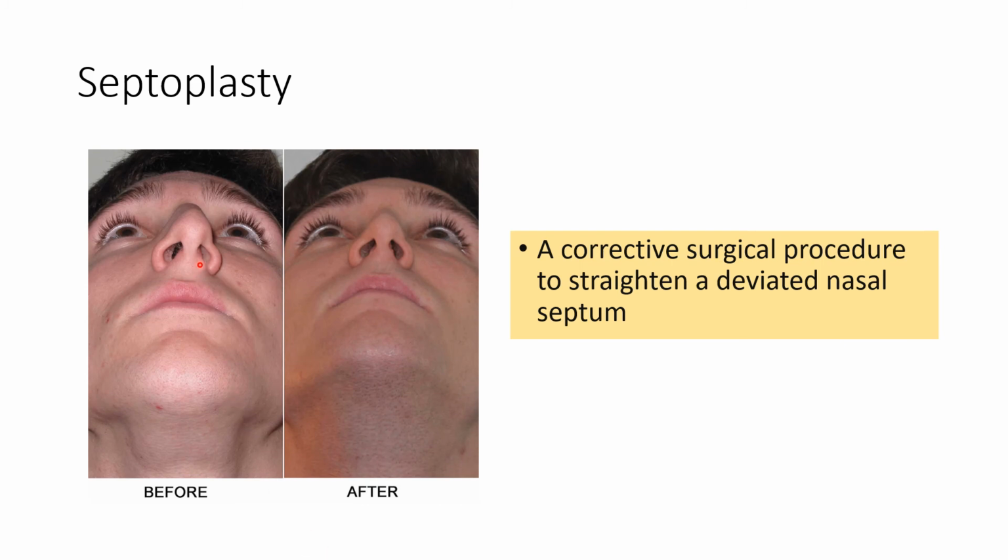In this picture, you can see a case of septal deviation with a narrowed nasal cavity on one side and a wider one on the other side. This is before surgery, and after the septoplasty, the two nasal apertures are symmetrical. So that is about the septoplasty.